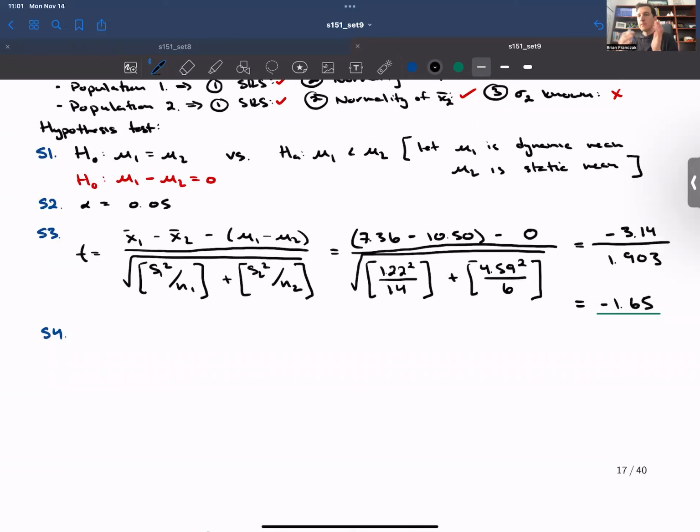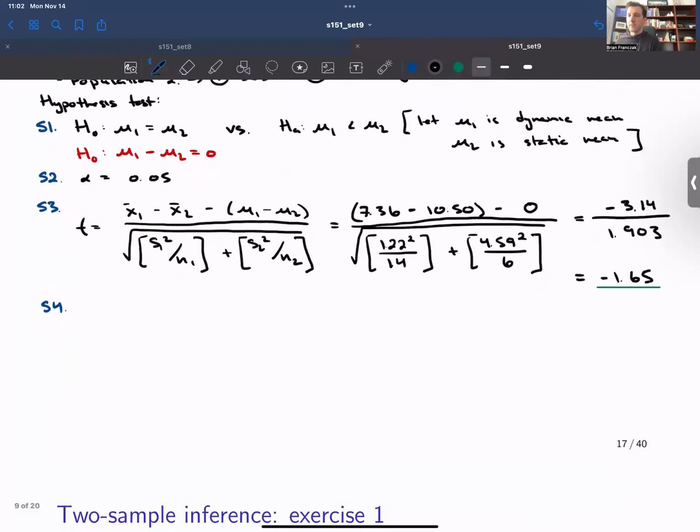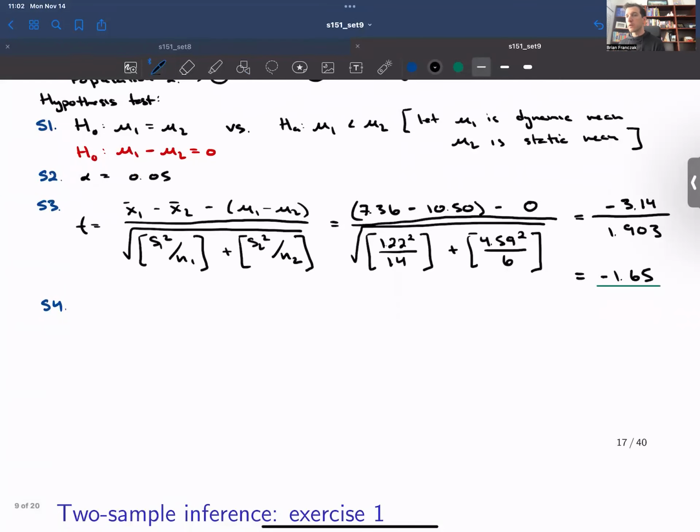So this is still going to be the same process that we studied in the 1 sample case. The only difference here is that the degree of freedom calculation is more complicated for a 2 sample test. So the first thing that we're going to do before we actually look at the critical value and the p-value approach is to compute the degree of freedom.